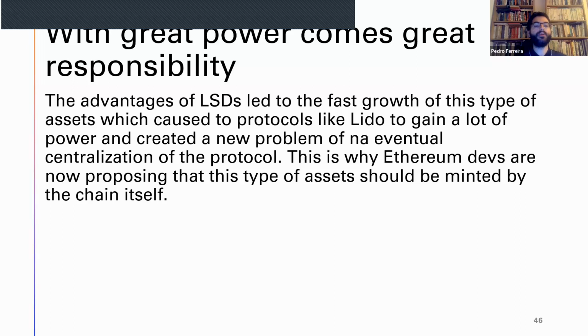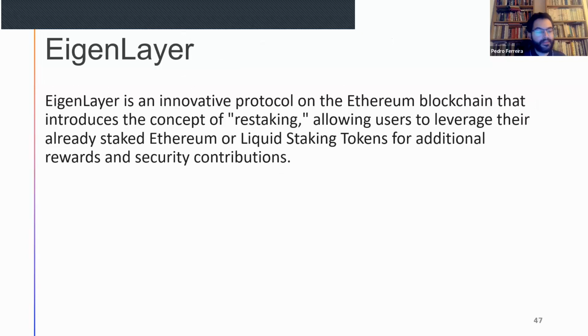This will allow users to have the value provided by the liquidity staking derivatives at the same time that the network is protected. These are the changes that are going to come in the future with liquidity staking derivatives minted by the Ethereum blockchain itself. And if you are invested in some of these protocols, I would advise you to get out, because this is going to happen.